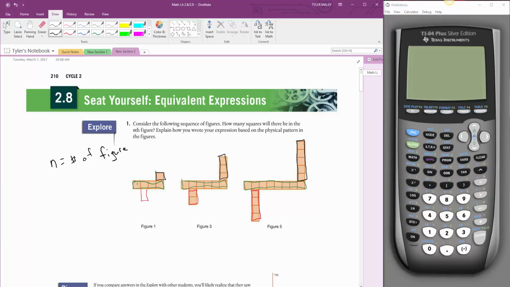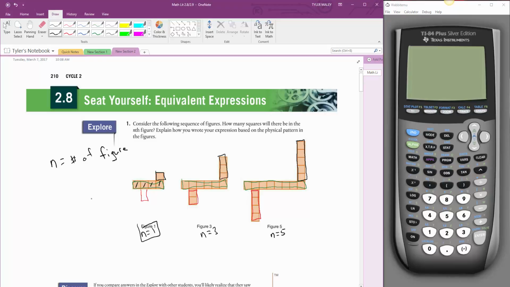So if we consider just the green, we can think about how is n related to the number in the horizontal part here. In other words, here n is 1, here n is 3, and here n is 5. So I'm trying to think, how does this n value relate to the number of boxes that I have here? I have 4 boxes going this way.